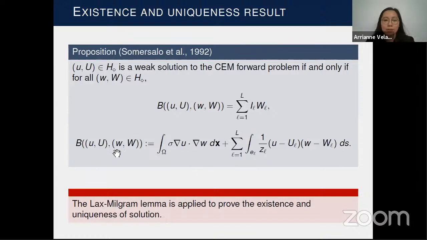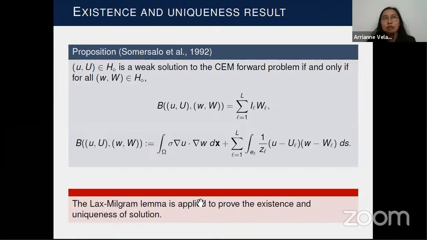They proved in the paper that the bilinear form B, given by this integral, is coercive and continuous, and obviously this one is linear and continuous. So we now have the existence and uniqueness of the solution of the CEM forward problem.